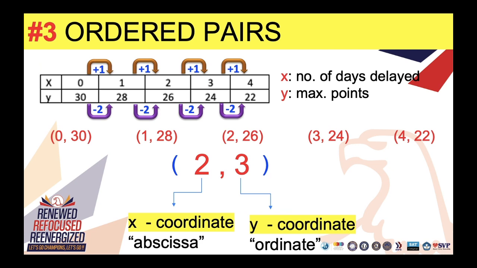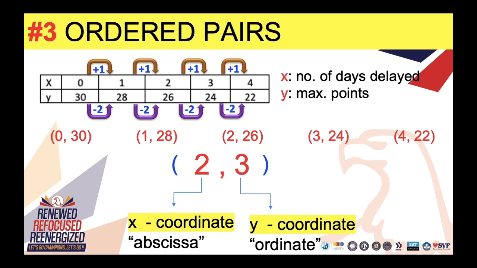Okay? So basically, we already have discussed four different ways of representing: we have the graph, we have the description and/or table of values, and this one we already have the ordered pair.